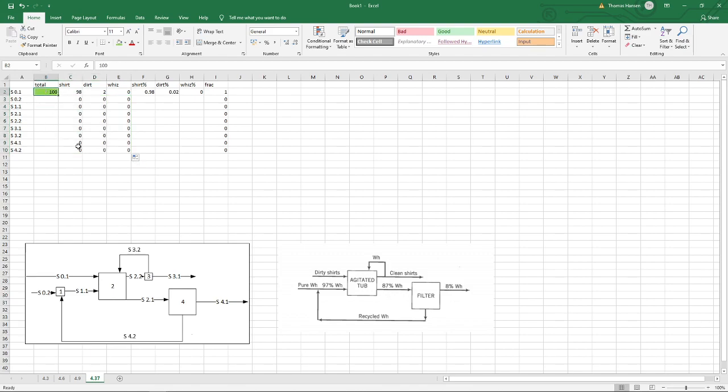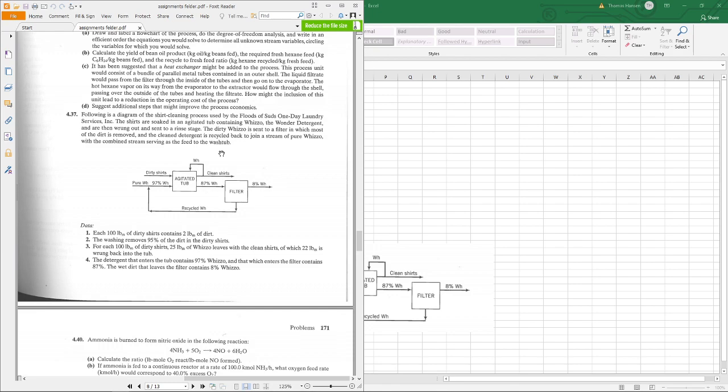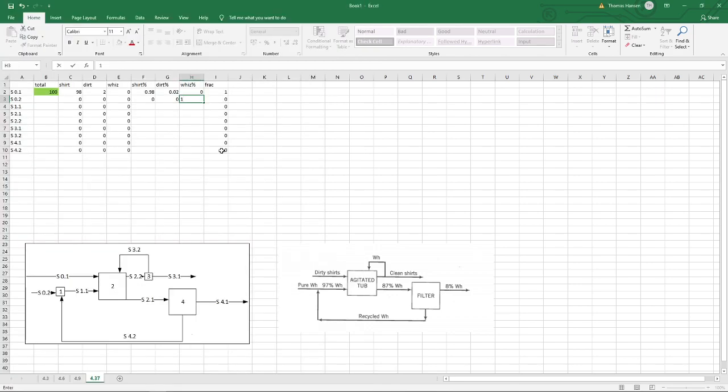So what else do we know? Well, we know that in stream 02, we have no shirts, we have no dirt, we only have Wizzo. In our stream 11, if you look at my drawing, I have put in some extra unit operations for my mixing points so that I can keep track of that.